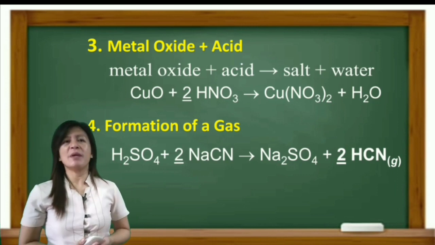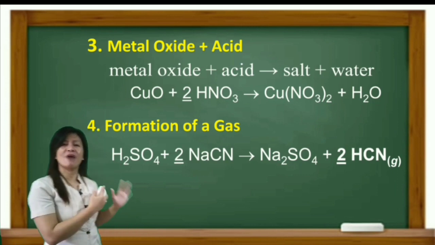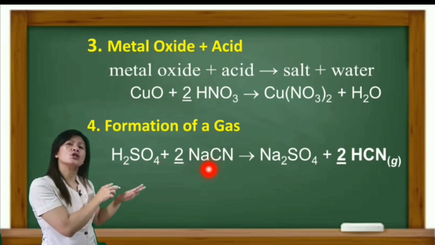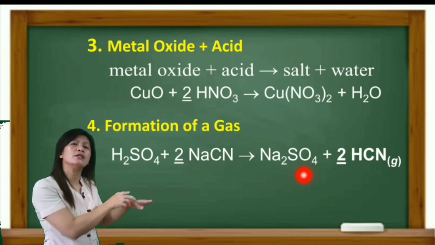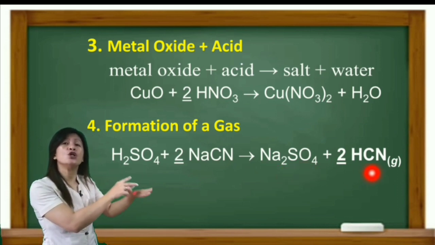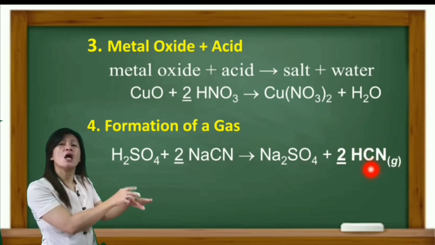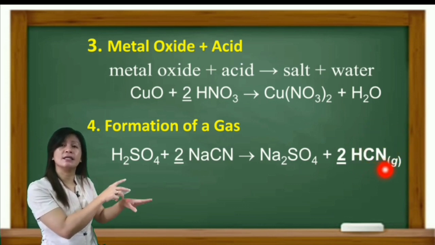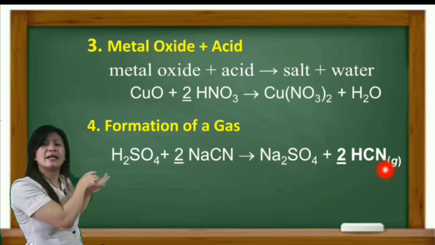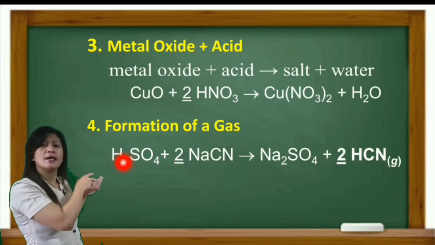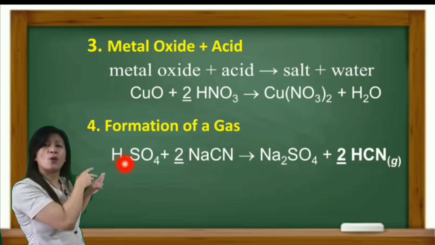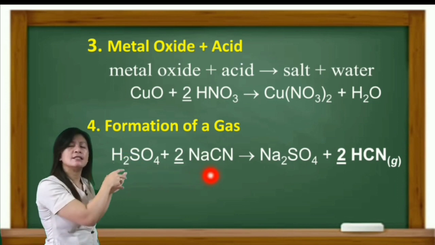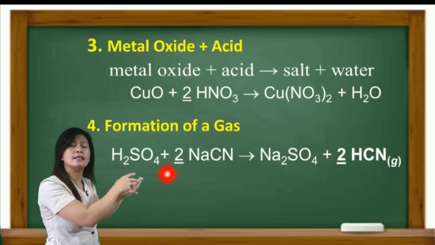Another one is the formation of a gas. We have here an example, sulfuric acid combines with sodium cyanide to form sodium sulfate and hydrogen cyanide. So we have AB: hydrogen, our A, positive 1 ion, sulfate negative 2, our B. C is Na positive 1, CN is negative 1.